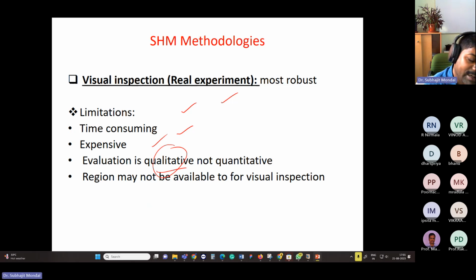In some cases visual inspection is not suitable because many parts are not accessible, so we have to go for an alternate method. Sometimes visual inspection gives a good result, but the limitation is that we may not get access to check.